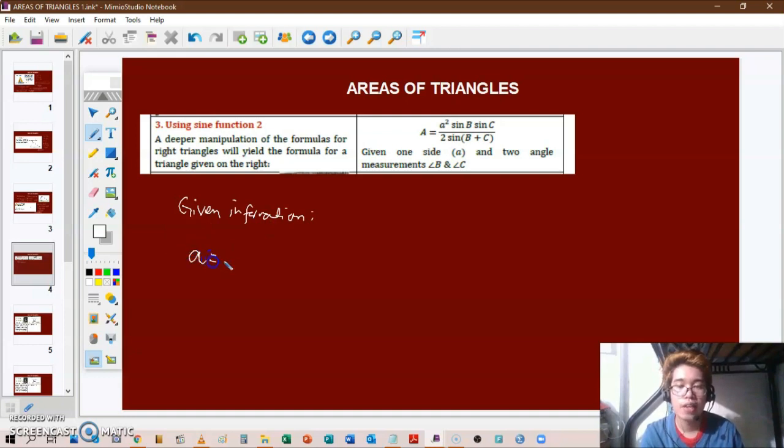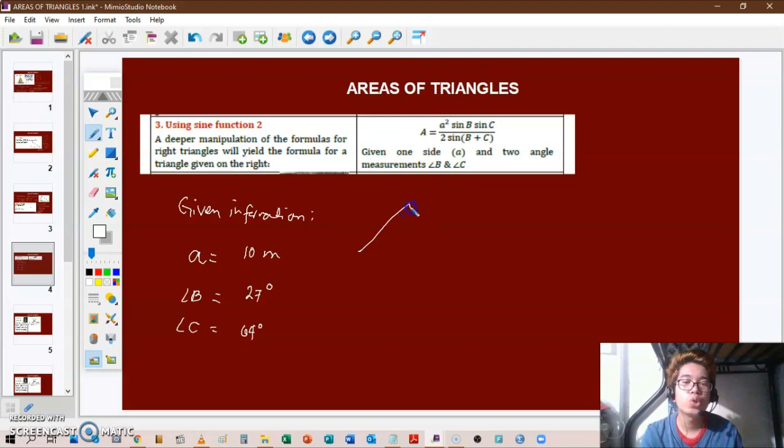So a, for example, can be, let's say, 10 meters. And we have here 2 angles, angle B and angle C. Let's say angle B measures 27 degrees and angle C measures, let's say, 64 degrees. We want to solve for the area of triangle ABC.